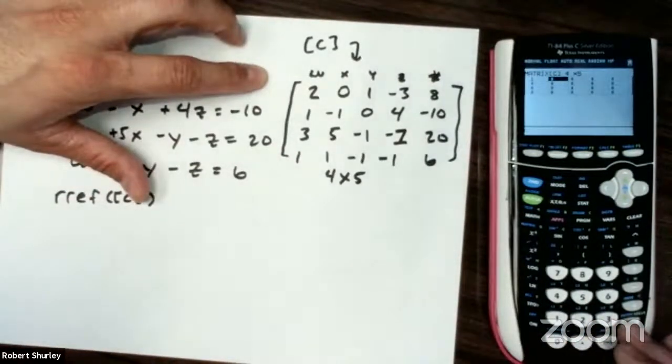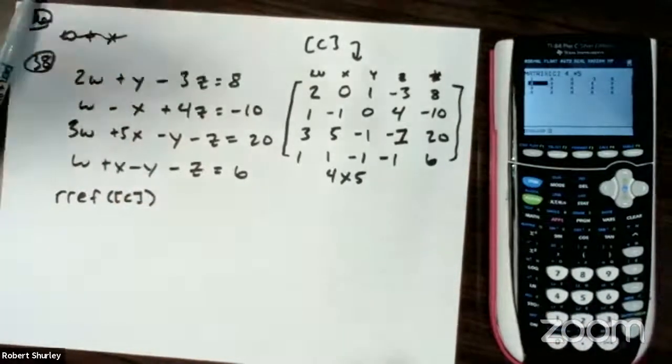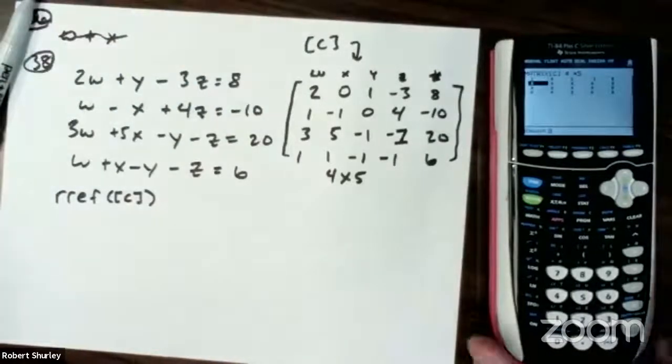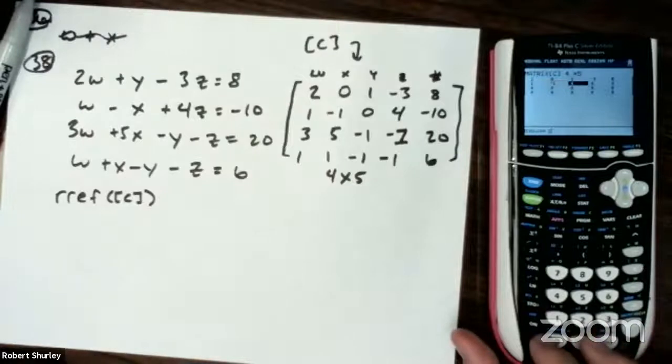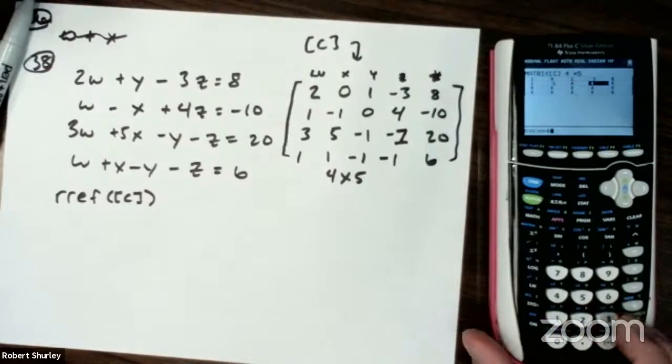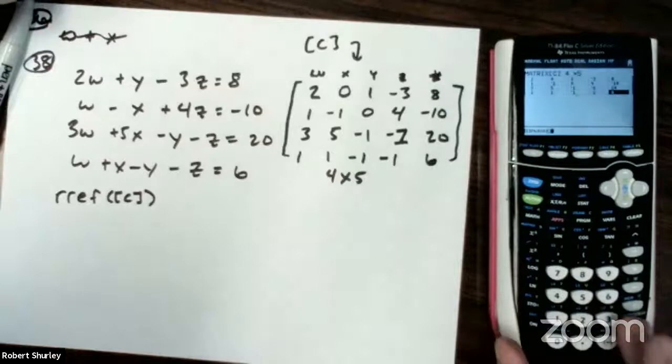2, 0, 1, negative 3, 8. That's my first equation. Then 1, negative 1, 0, 4, negative 10. Then 3, 5, negative 1, negative 1, 20. Then 1, 1, negative 1, negative 1, and 6.